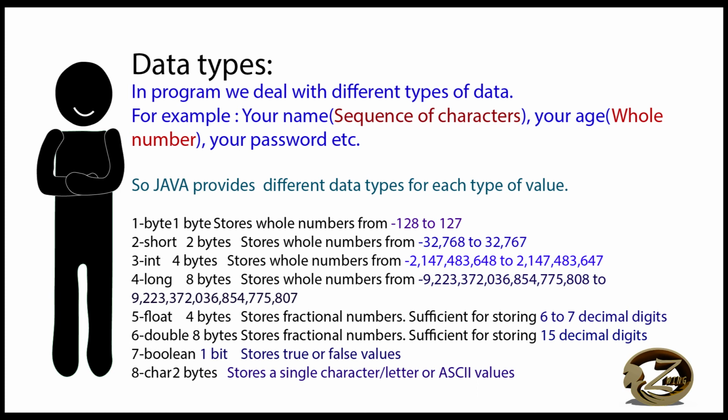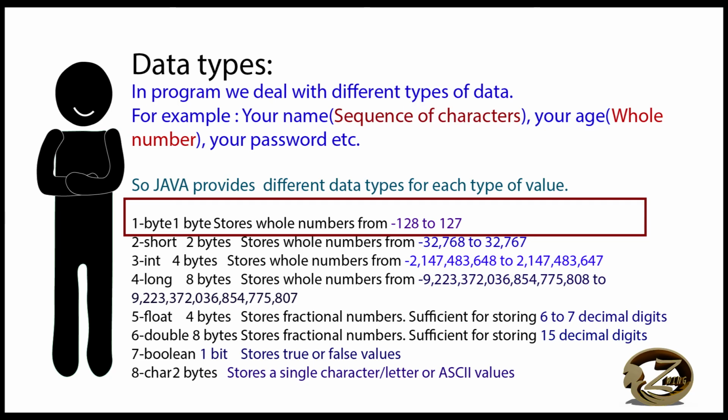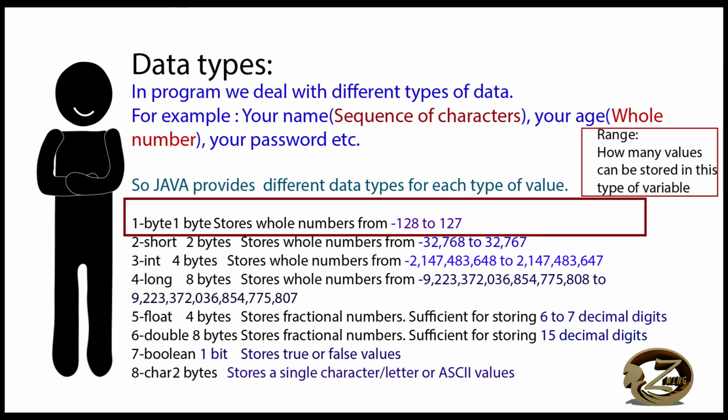For example, their ranges. As you can see, the size of byte in memory is 1 byte, and its range is from -128 to 127. Now what do these ranges mean? It means if you are declaring a variable whose data type is byte, in that variable you can store a whole number starting from -128 to plus 127.